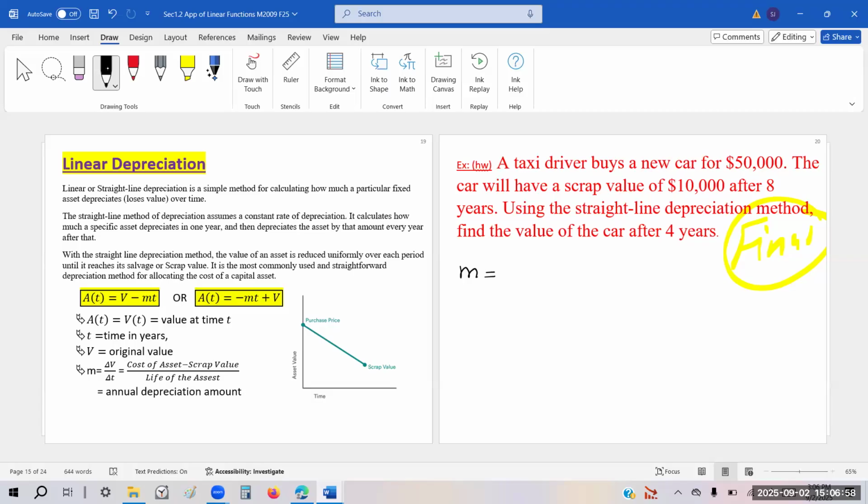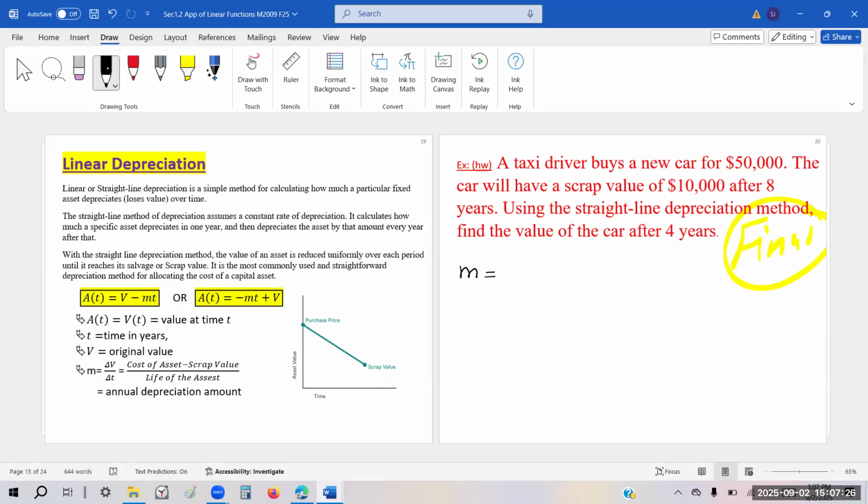It says a taxi driver buys a new car for $50,000 today. The car will have a scrap value of $10,000 after 8 years. It means after 8 years, the price of the car will be $10,000. Use the straight line depreciation method to find the value of the car after 4 years.